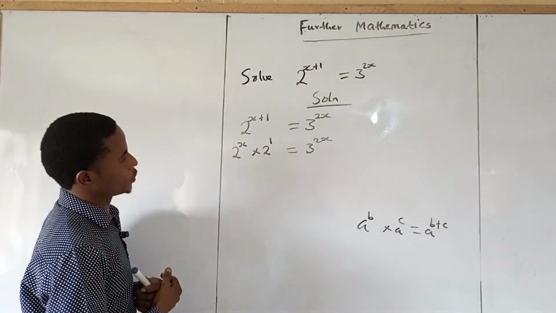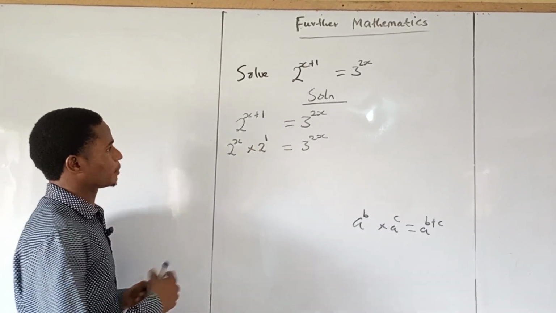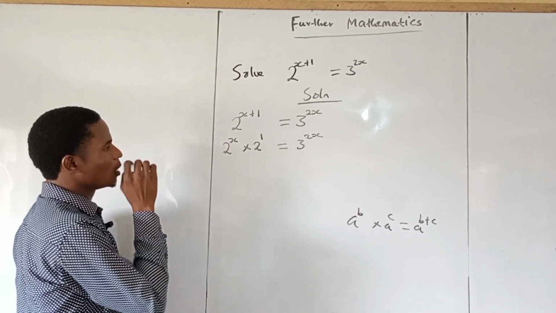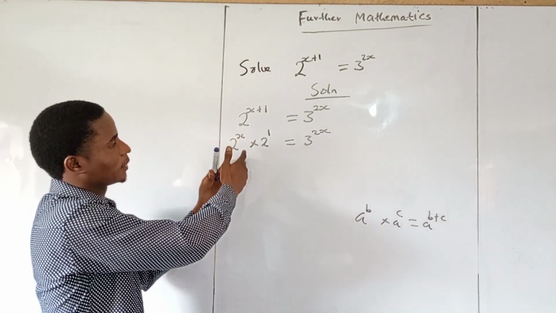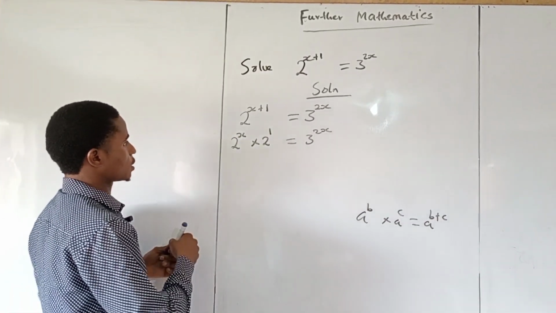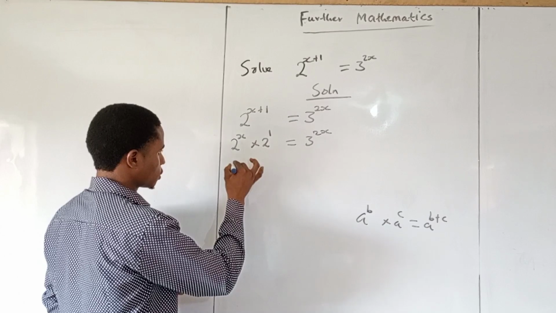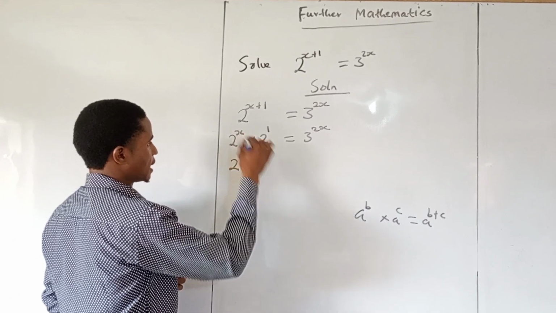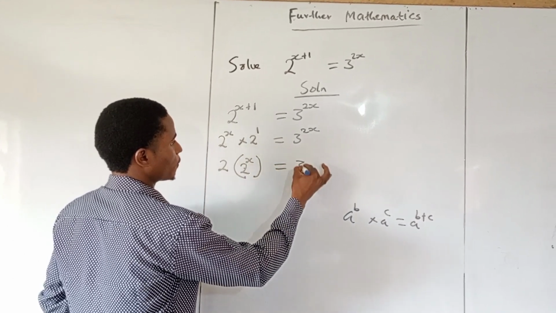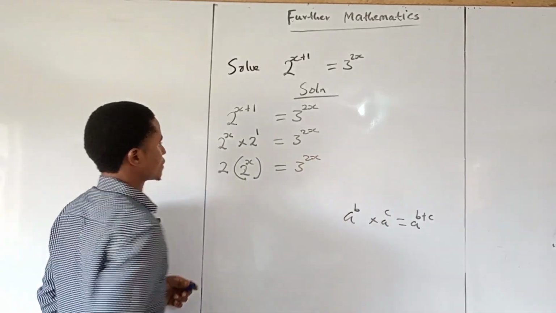Now let's move further to solve this. What should we do at this particular point? We are looking for x, and we want to make sure all the values with x are separated to one side. So I can say, these two should come out, and I open a bracket to have 2 raised to the power of x, which is equal to 3 raised to the power of 2x.